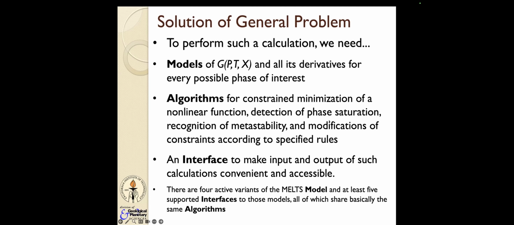And you need bookkeeping to do things like add the assimilants or remove the crystallized phases if you're doing something fractional. And finally, you need an interface. You need some way to make setting up the calculation and getting the results back make sense to you, a human, and not just to your computer, and to be able to do the calculations that you want to do quickly and conveniently.